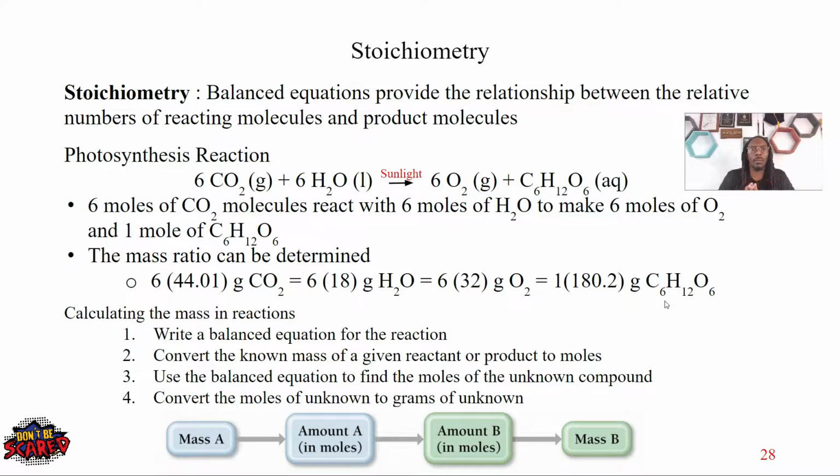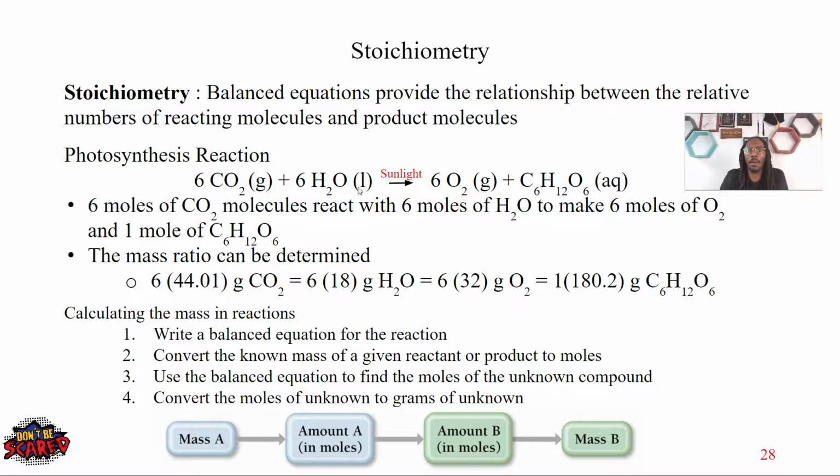Stoichiometry, we're basically able to do a couple different things here. The main thing we use stoichiometry for is, for instance, what if I want to figure out how many moles of oxygen are in this reaction if I've got 10 grams of carbon dioxide?